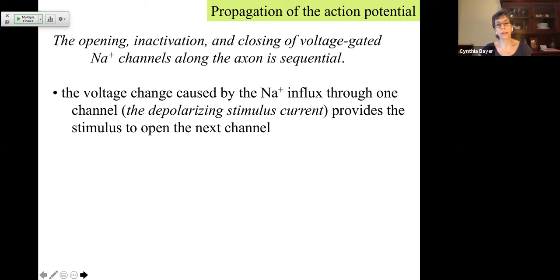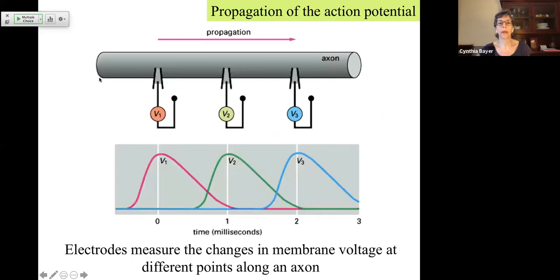Because if we look at an axon and measure the voltage at different points along it, you're going to see that the membrane voltage changes.